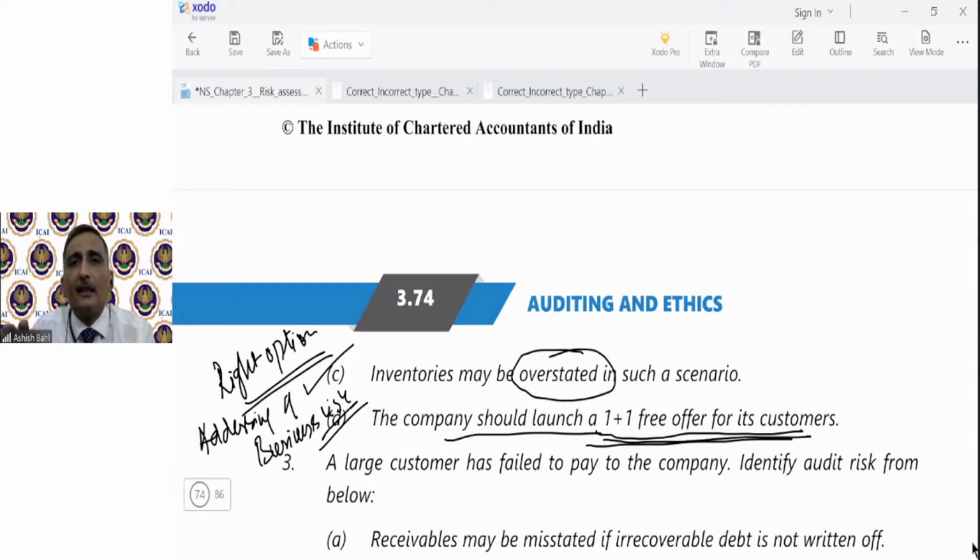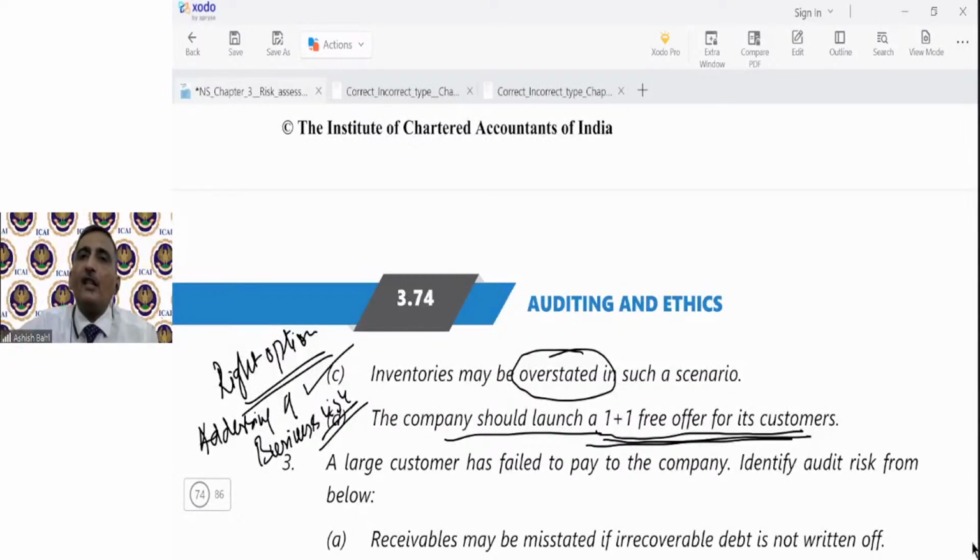Because these are old, they can't be sold at their carrying value. So in such cases, even these stocks may have to be sold at market price, at realizable value, which is less than their cost.